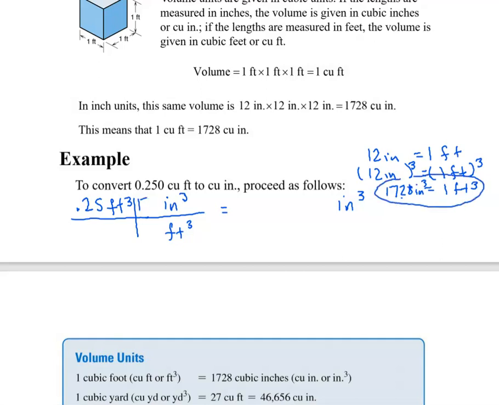So we would put 1,728 inches cubed. Our feet cubed is going to cancel out. We're going to multiply 1,728 times 0.25, and that gets us 432 inches cubed.